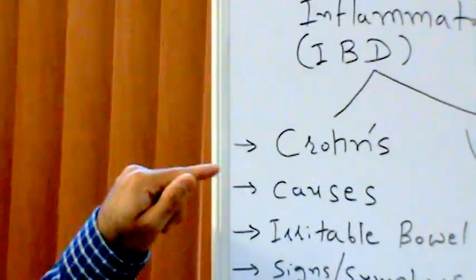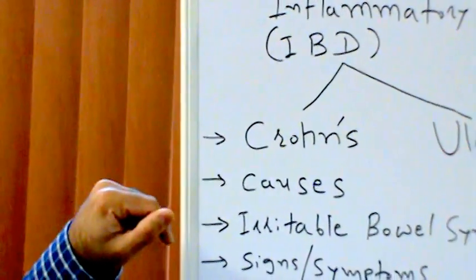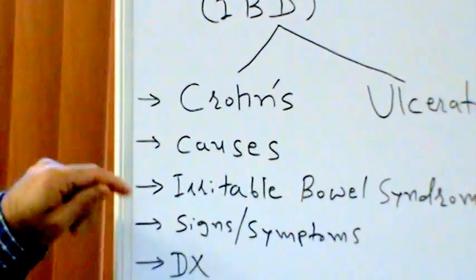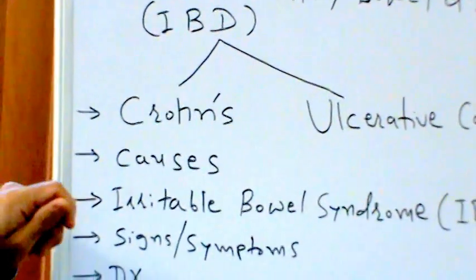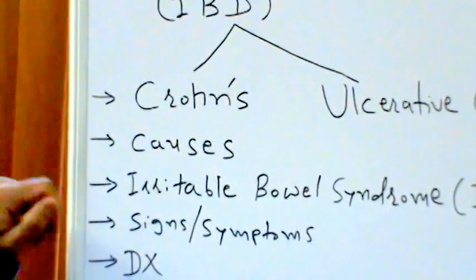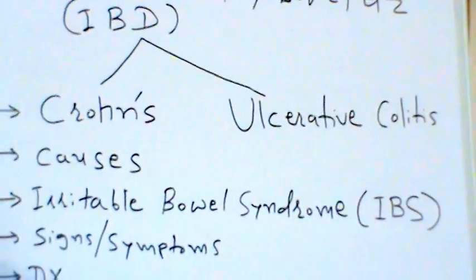Crohn's disease, named after Dr. Crohn and a couple of other colleagues, belongs to a group of conditions known as inflammatory bowel disease. Crohn's disease is a chronic inflammatory condition of the GI tract, the gastrointestinal tract.